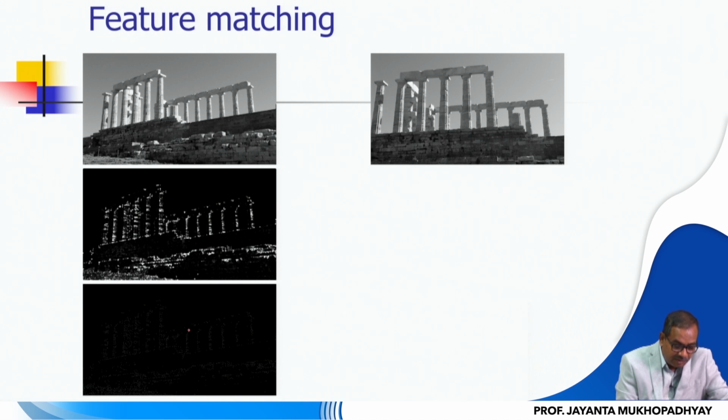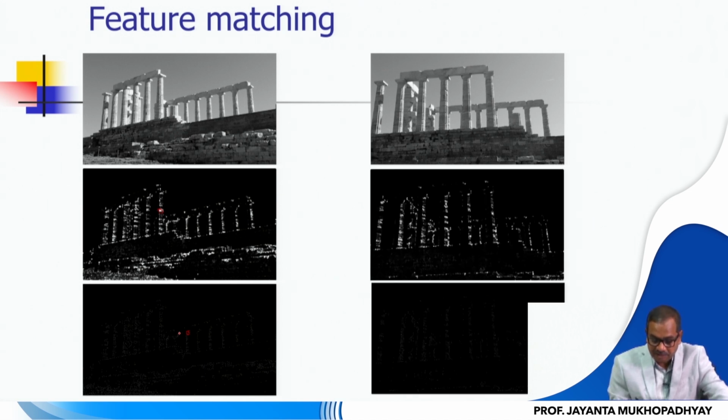This is not very clear in this diagram, but corresponding to this pattern there would be some structure here. You may see certain points corresponding to that, because we have selected only one local maximum, so it is not very displayable. Similarly, for this image also, you get that set of points. There are actually a number of points, though they are very tiny dots which are not visible.